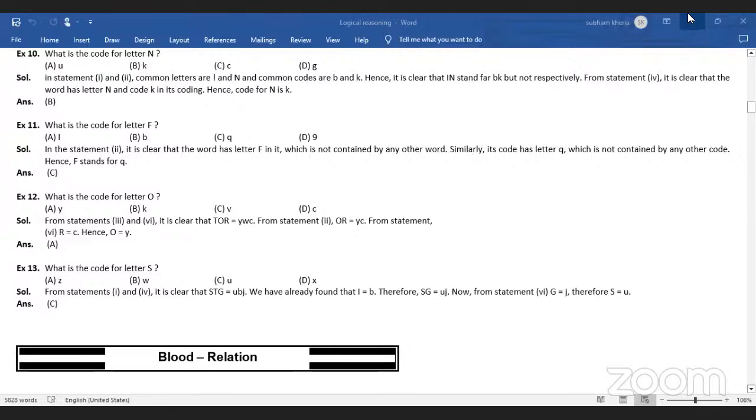Yes. So Sallu Bhai has helped us in understanding blood relations. Do you want to see how? Chalo, let's see.